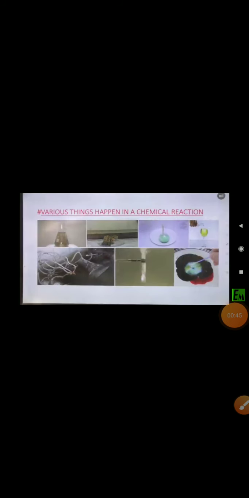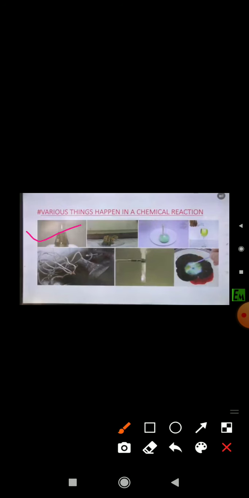Before going to the chapter, we will check what is a chemical reaction and what is its equation. But what are the things that happen in a chemical reaction? Various things happen. Color change, for example.